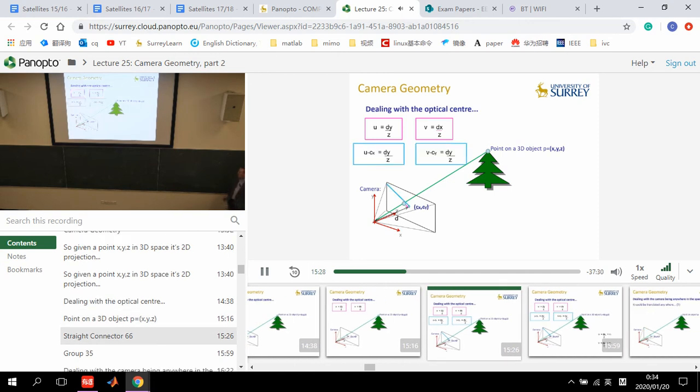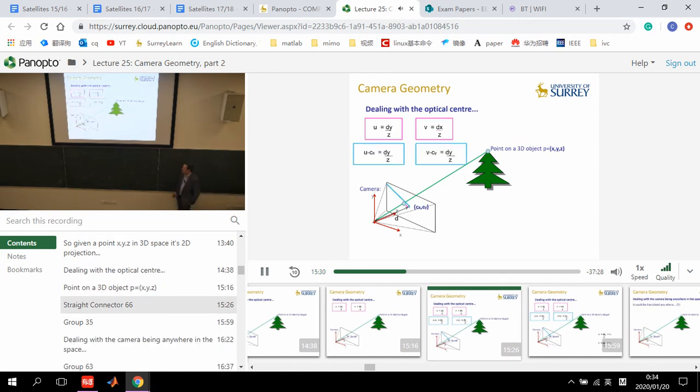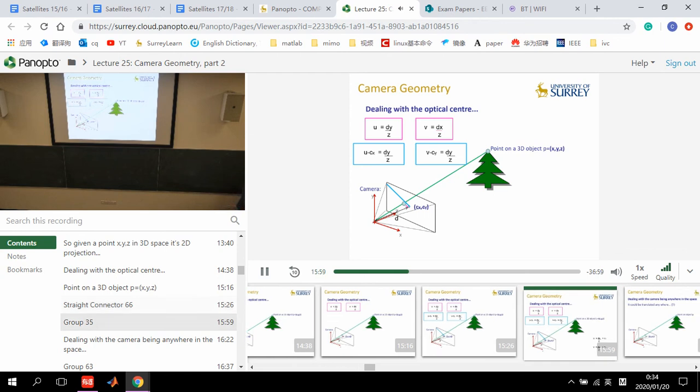We just say, well, if we take away cx from u and take away cy from v, then we are going to... oh, a bit of a typo here because I've got dy there twice. I guess you can see what I'm saying. I'm taking away the x and the y components from C in order to come up with a corrected coordinate system. So now we're expressing as an offset from the origin being in the top left, which is the blue set of equations, rather than from the optical center, which is the purple set of equations we had before.